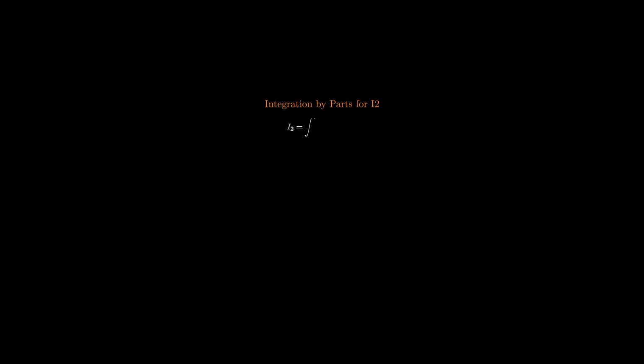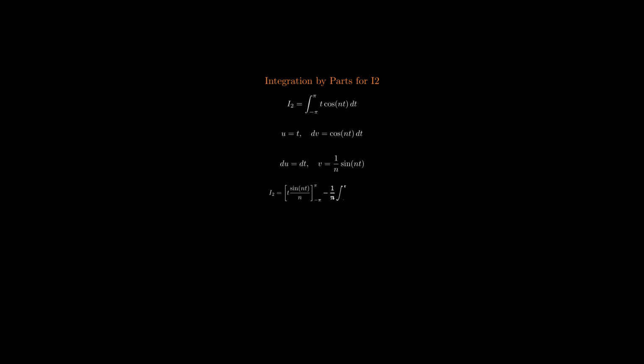Now for I2. Using LIATE again, choose the algebraic function t as u. u equals t, dv equals cosine nt dt. Then du is dt, and v is 1 over n sine nt. The boundary term is 0. And the remaining integral of sine is also 0 over a full number of periods.